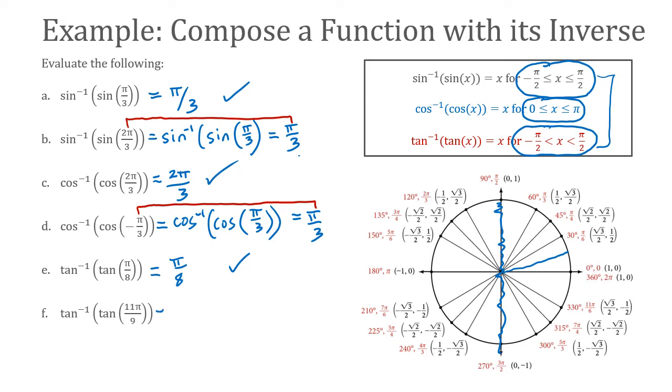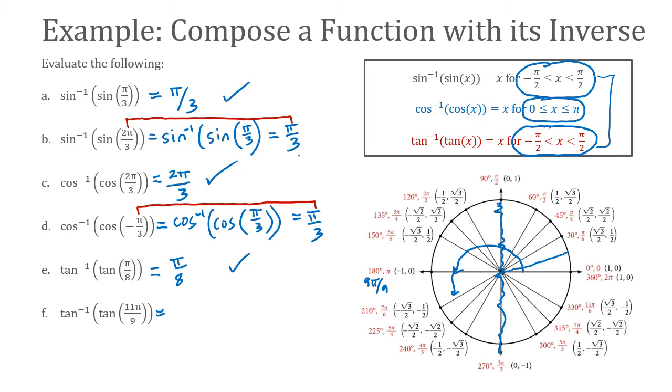Where is 11 pi over 9? Again, I don't know exactly where it's at, but I do know that halfway around is pi, and in ninths, pi is 9 pi over 9. Now, what that tells me is that 11 pi over 9 is in the third quadrant.